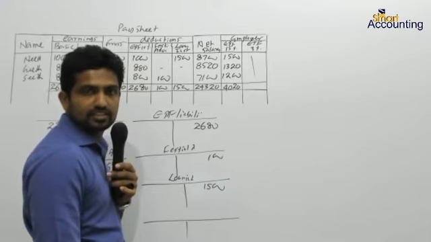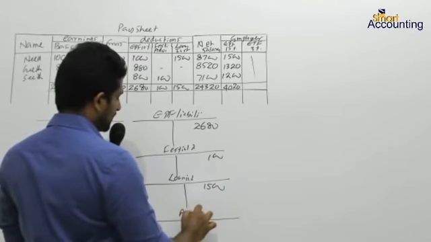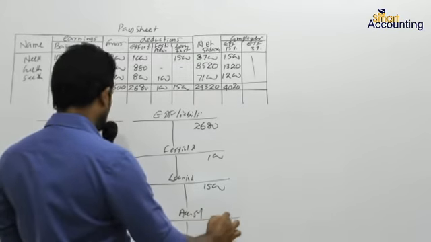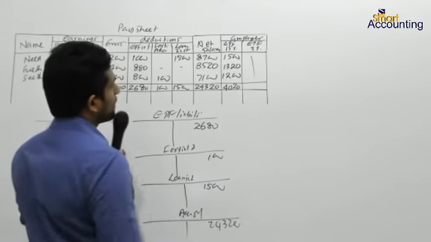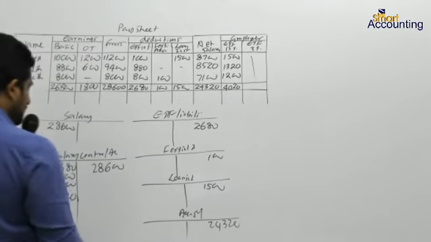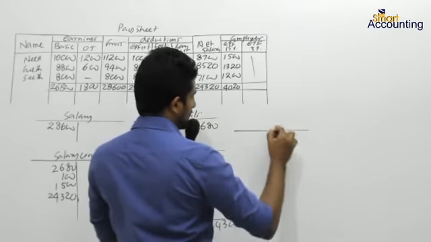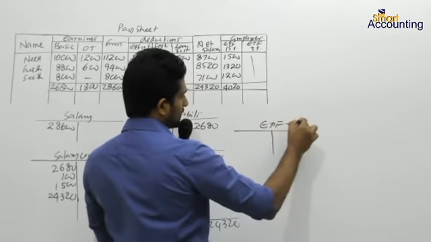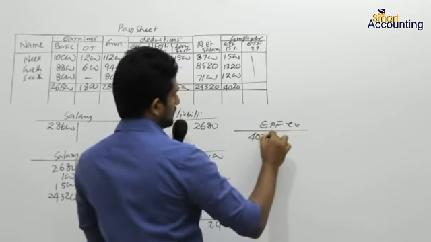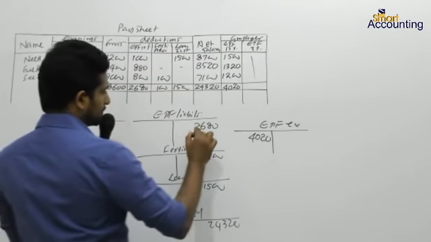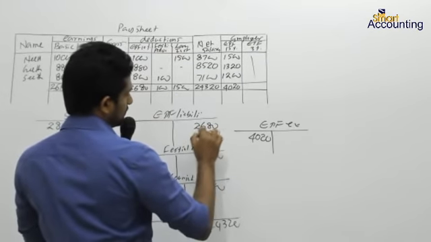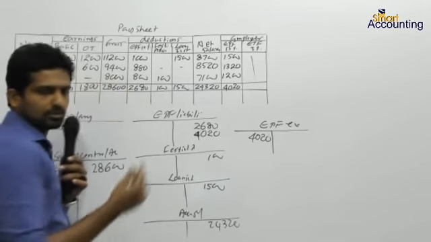Question clearly states that the salary is not paid. Accrued salary account credit 24,320. EPF employer's contribution should be debited to EPF expense account and credit that to EPF liability account. This is how you have to do.